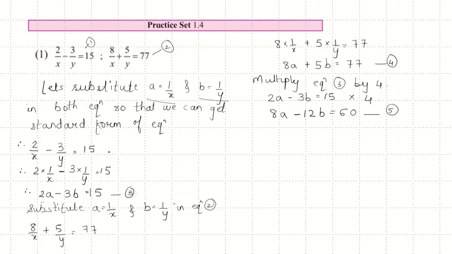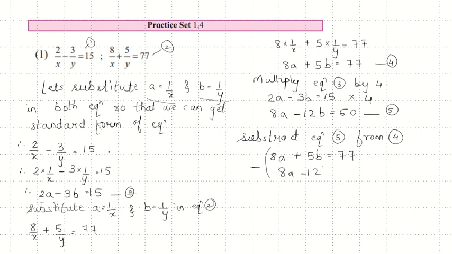Now subtract equation 5 from equation number 4. What is equation number 4? 8a plus 5b is equal to 77, and we have to subtract 8a minus 12b is equal to 60.